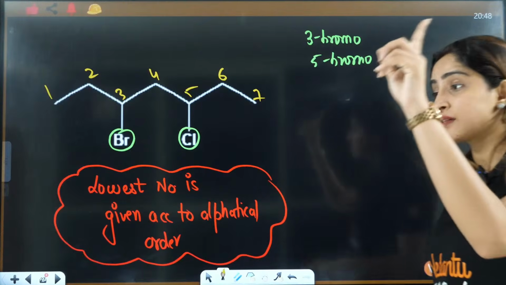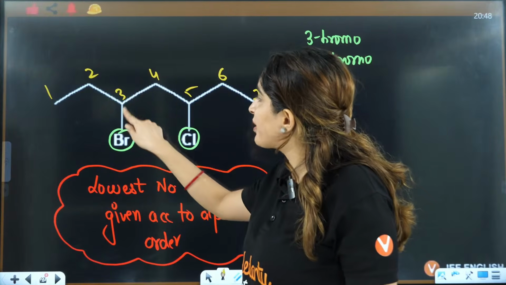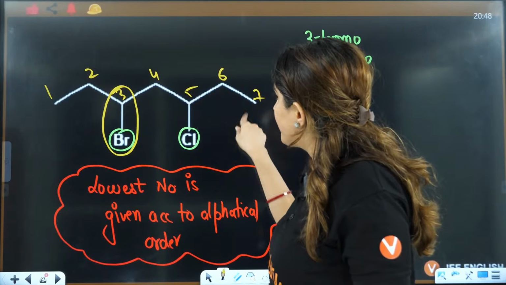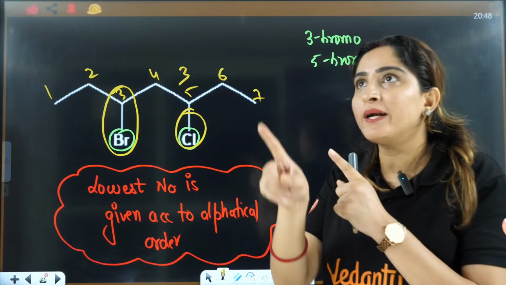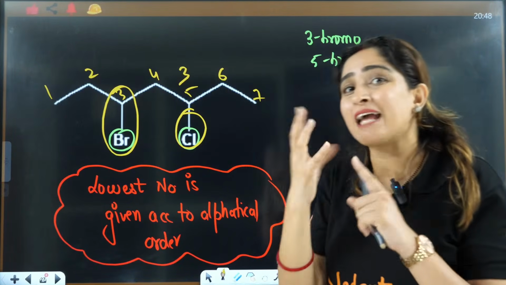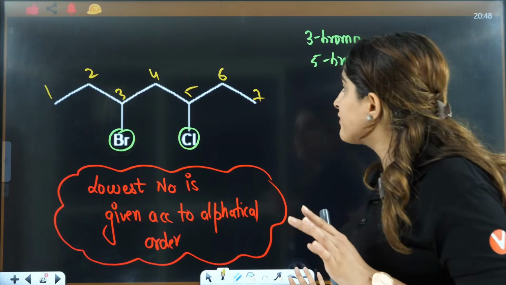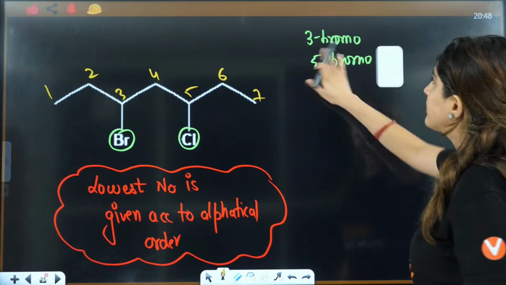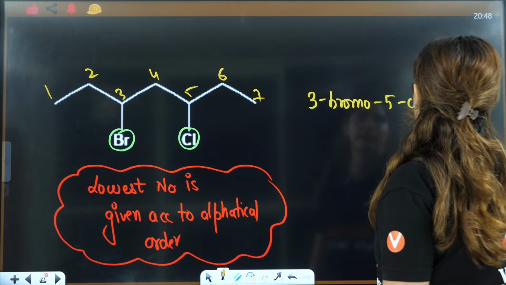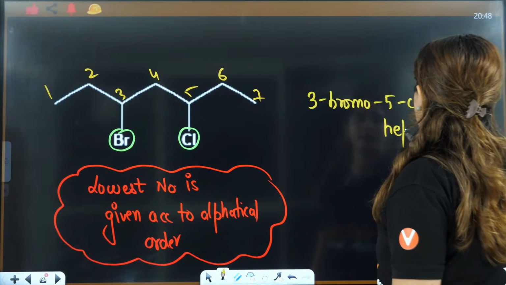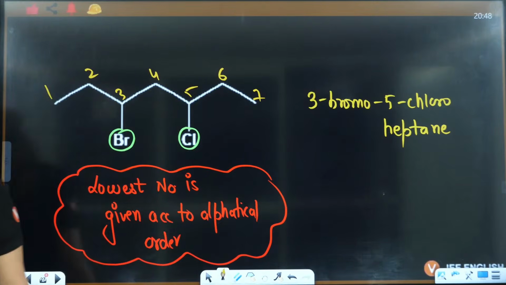Now we are doing this only because, very important thing, here 3 will be bromo, and if I choose from here then 3 will be chloro. The fight is not between 1 and 5, the fight is between 3 being bromo or 3 being chloro. So it is symmetrical from both sides. That's why I will prefer alphabetical order, and I will say 3 bromo, 5 chloro, and this is heptane. 3 bromo, 5 chloro and heptane, that is the correct answer.